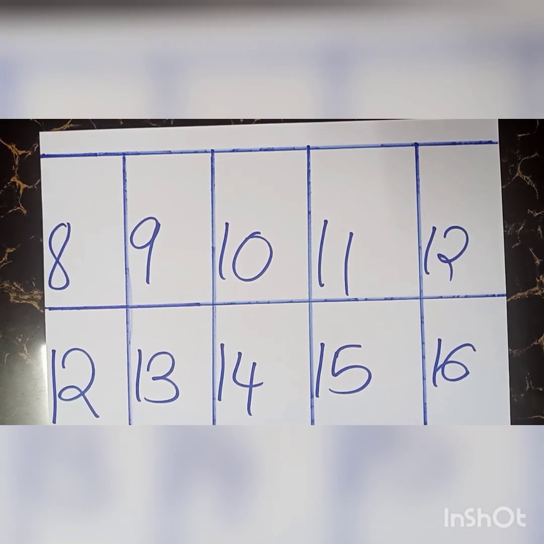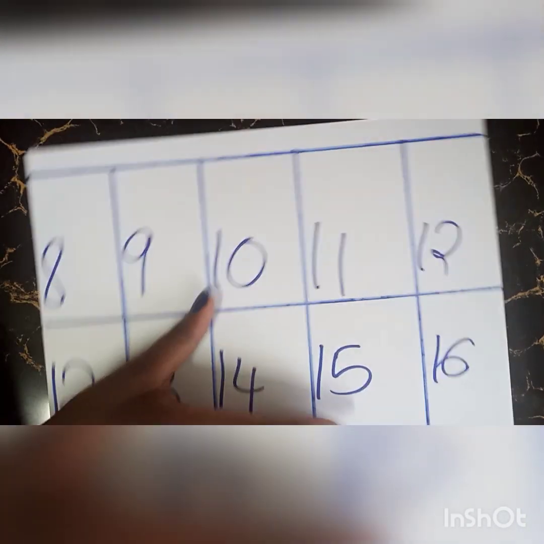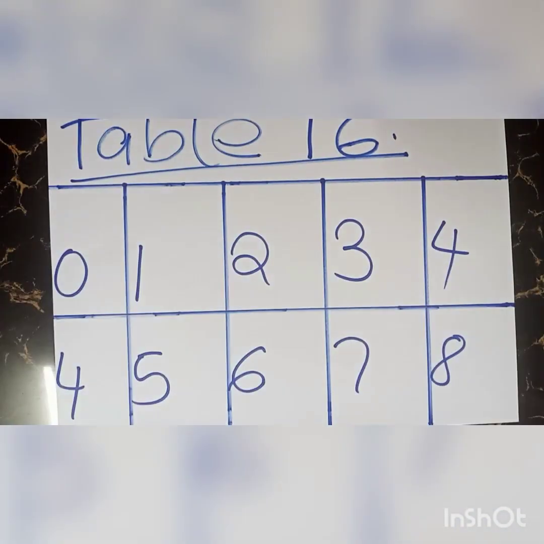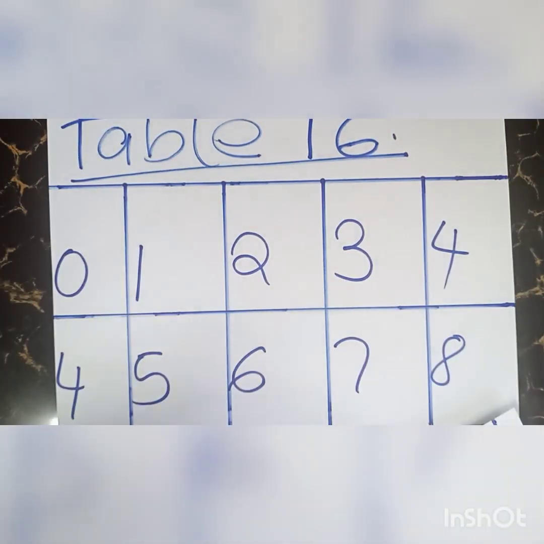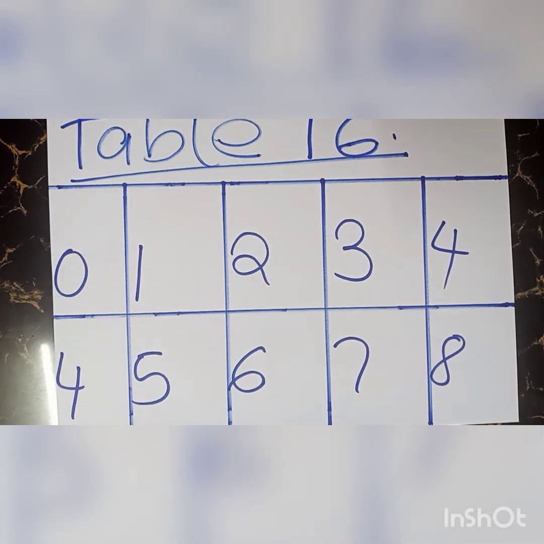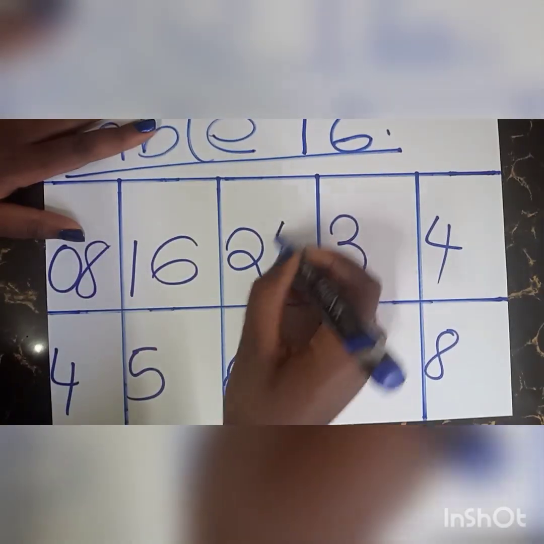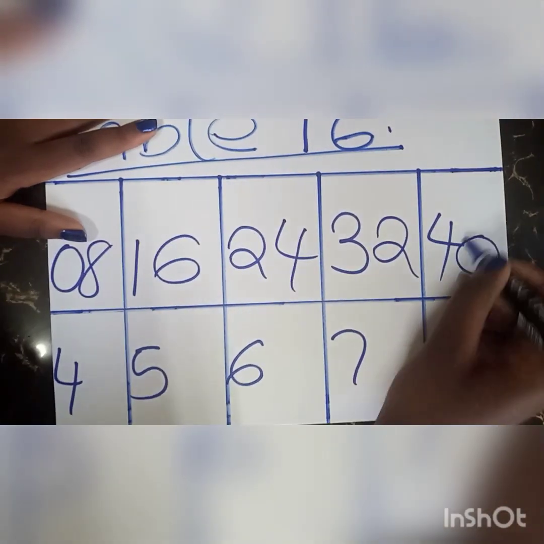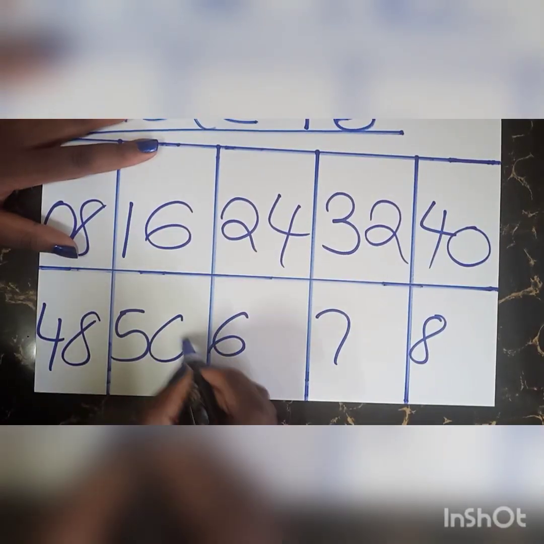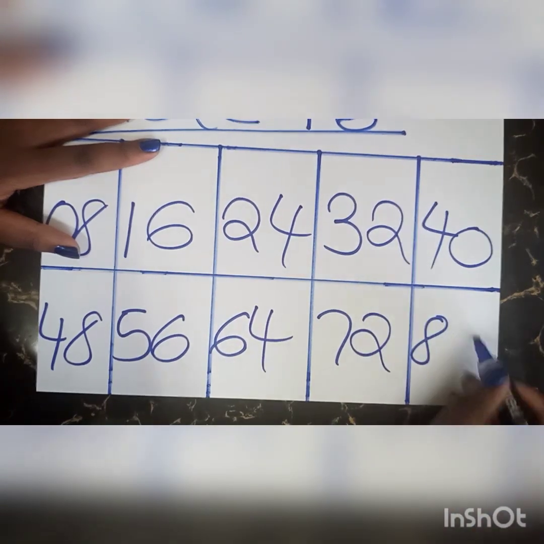As usual, we'll start with the first table: 8, 6, 4, 2, 0.